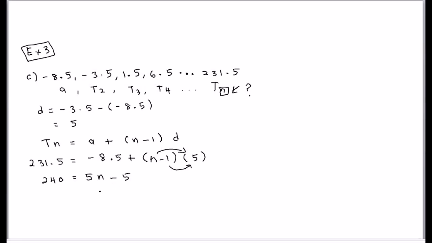And then transfer negative 5 to the other side. 240 plus 5, we get 245 equals 5n. We want to find n, so leave n and then move 5. It becomes divide. So use your calculator. 245 divided by 5. The answer n equals 49.